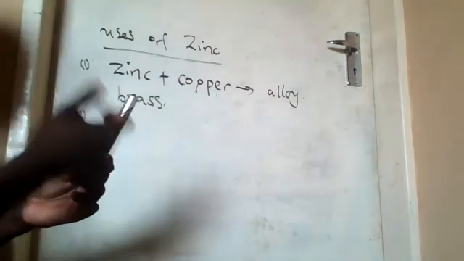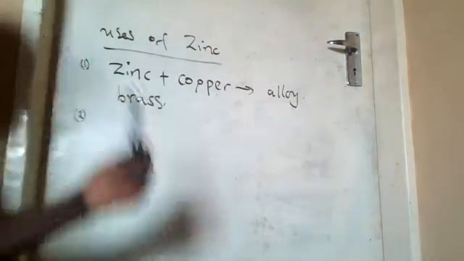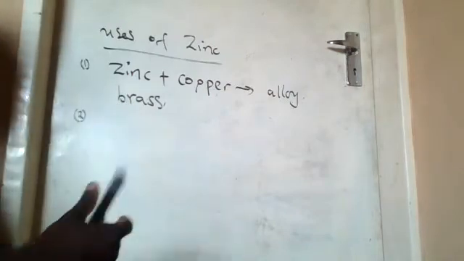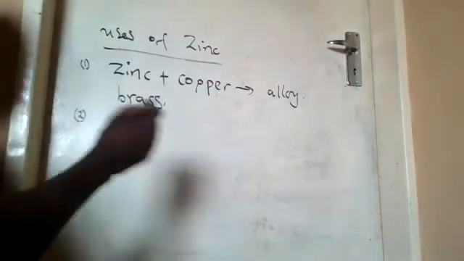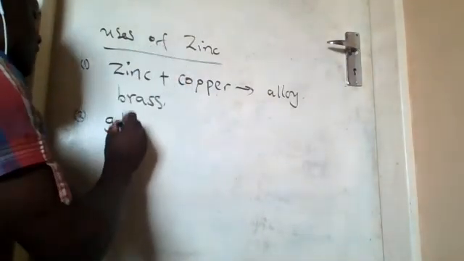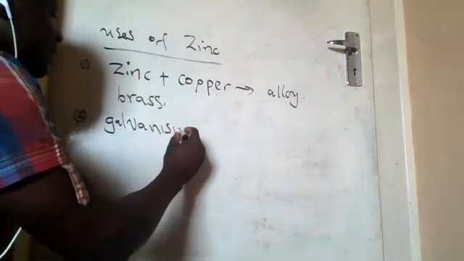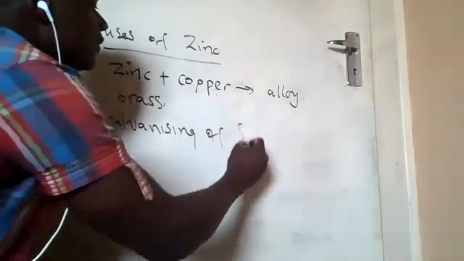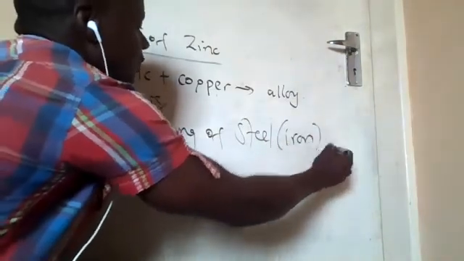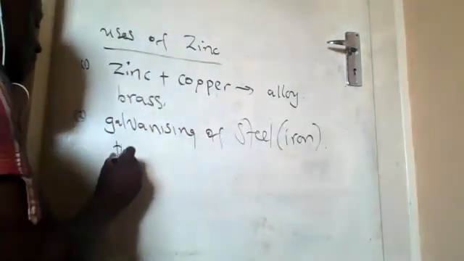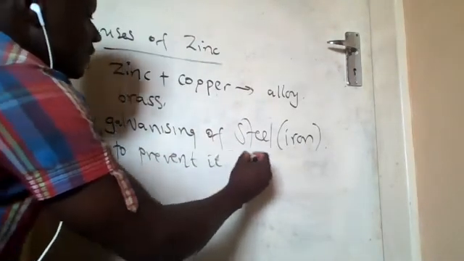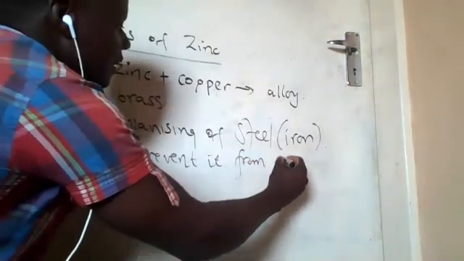We do that so that iron or steel is prevented from rusting. So zinc is used for galvanizing of either steel or iron, to prevent it from rusting.